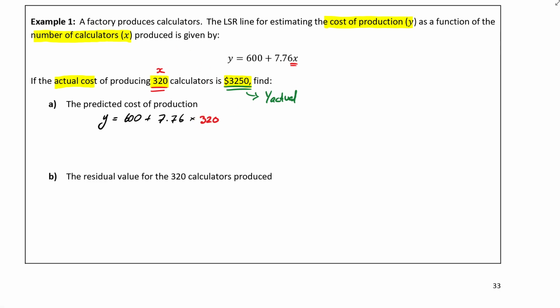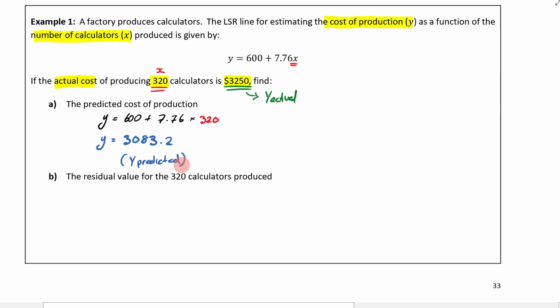And what I'm going to get out is y is equal to 3083.2. So just using your CAS, you'll get that out. Now, it's important to realize that this is our y predicted value.